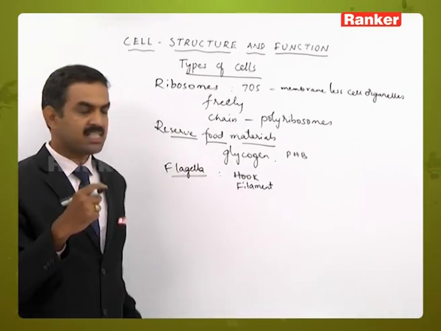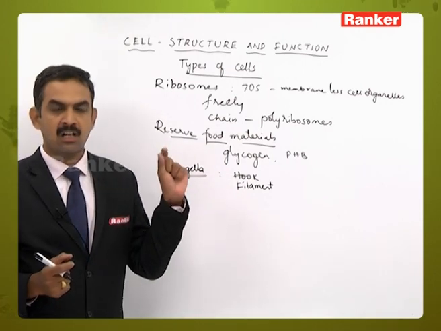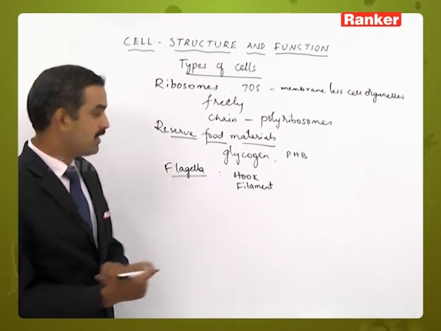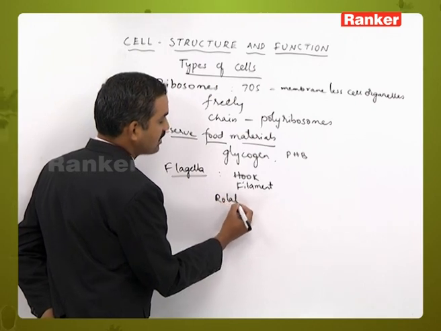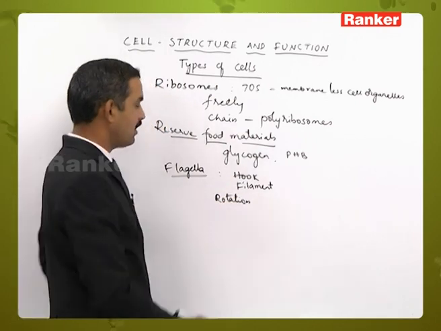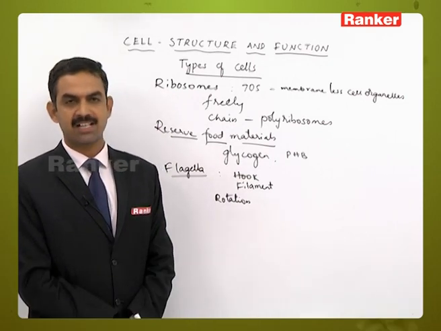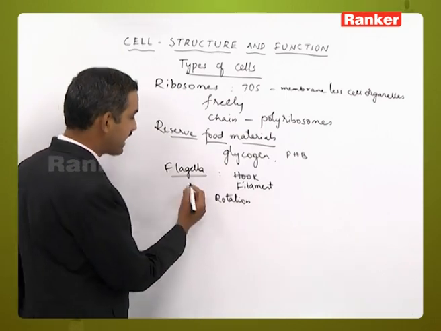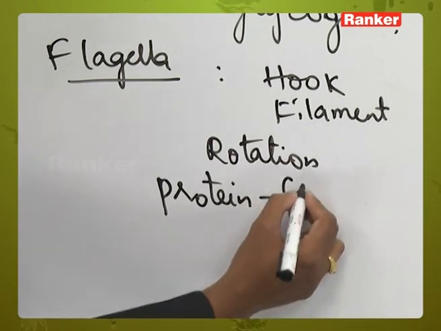The hook connects the basal body and the filament, and the filament is a long elongated extension coming out of the bacterial cell. This flagellum will show a rotation type of movement which will push the water backward. When the water is pushed backward, the bacterial cell will move forward. The flagellum is made up of a protein called flagellin.